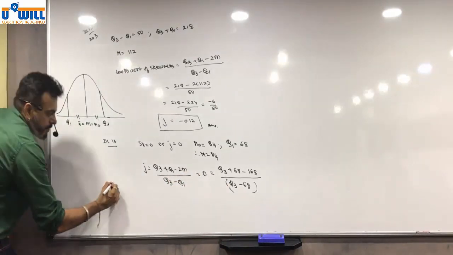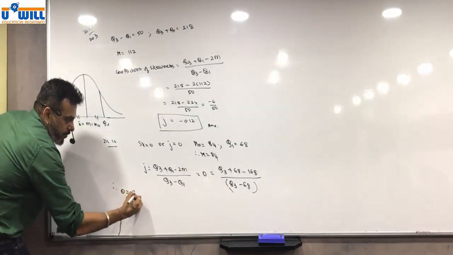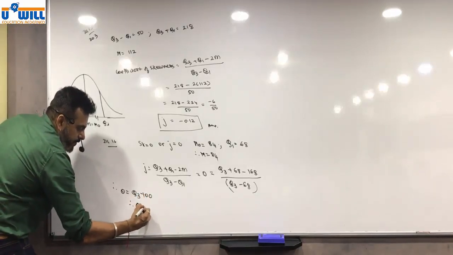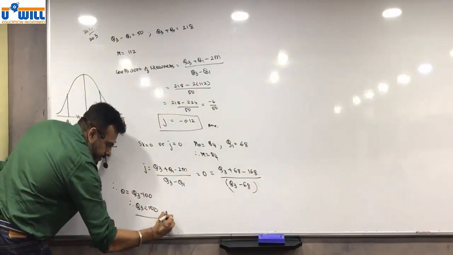Therefore 0 is equal to Q3 minus 100. Therefore Q3 is equal to 100.